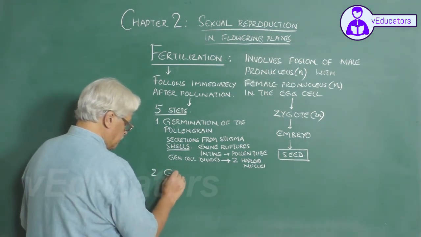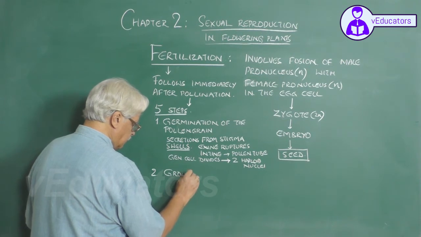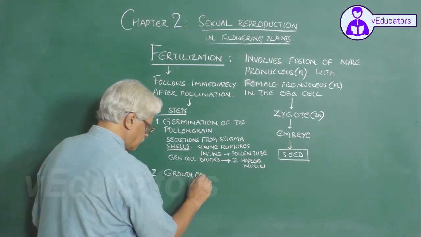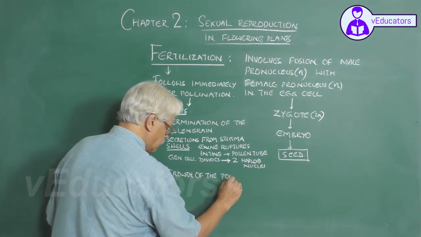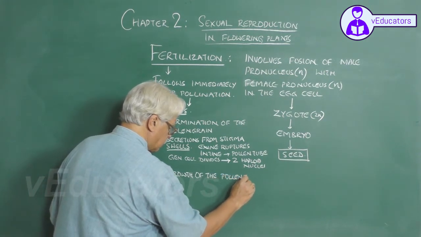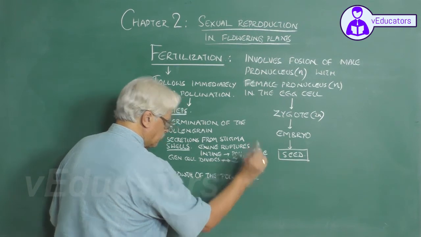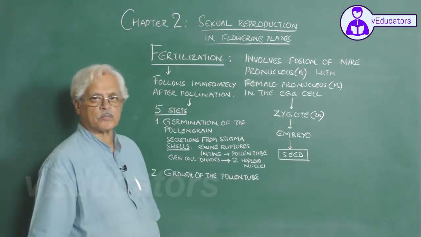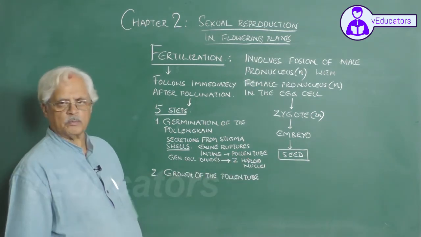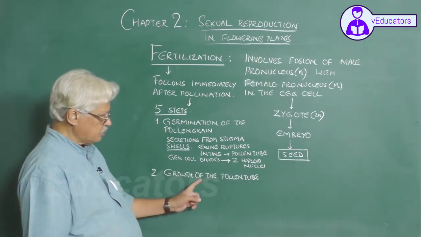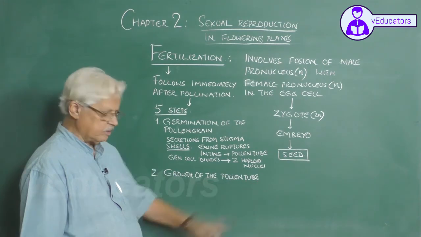The second step is called growth of the pollen tube. Intine has formed a projection called pollen tube. The pollen tube starts elongating.